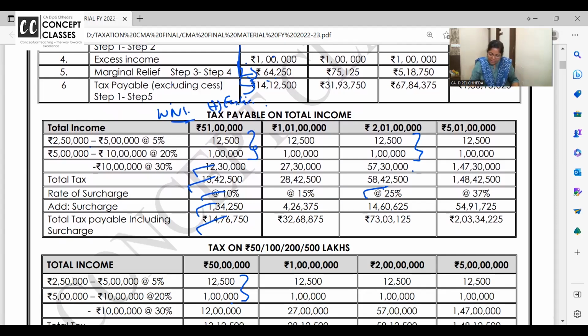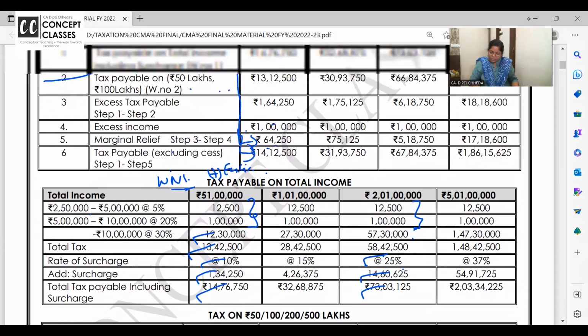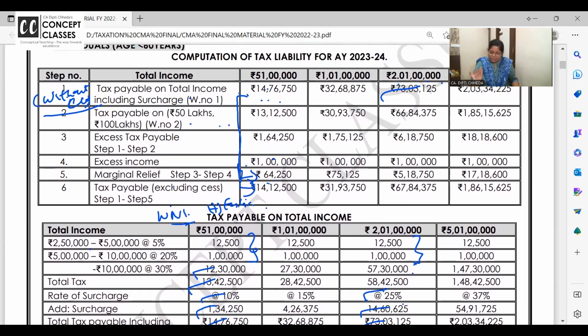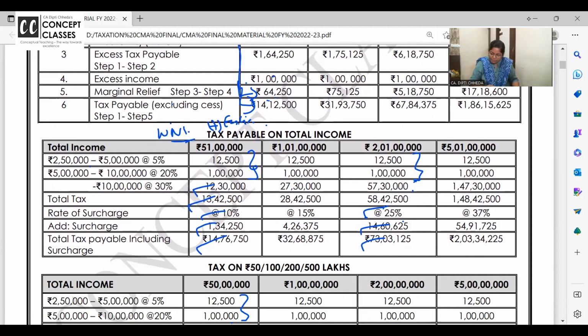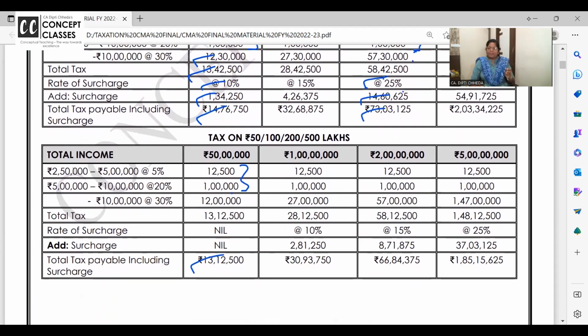So, tax, add surcharge 25% because the income has exceeded 2 crores. And your tax is coming to 7303, so on. Now, suppose if your income is just 2 crores, it doesn't mean you will not pay surcharge. 1 crore to 2 crore surcharge is there.